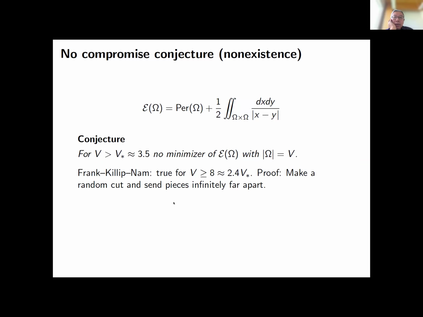I see. So the minimizer does not exist, I guess the conjecture is, if the volume V is strictly bigger than V star, this critical value. But you can always try to minimize this function, right? Sure, so there might be a limit. A limit might break up.